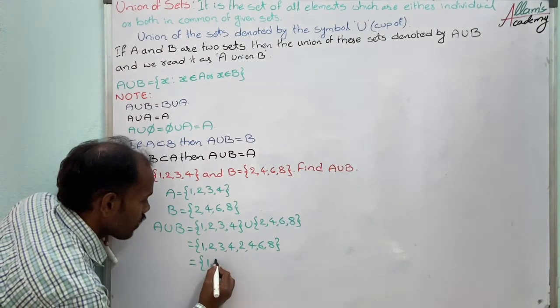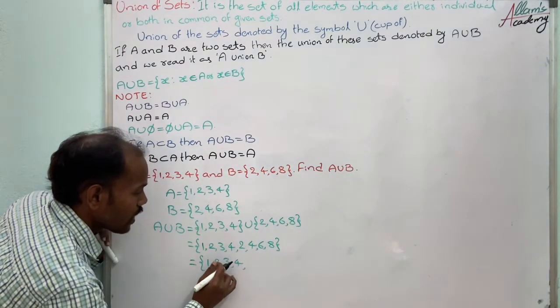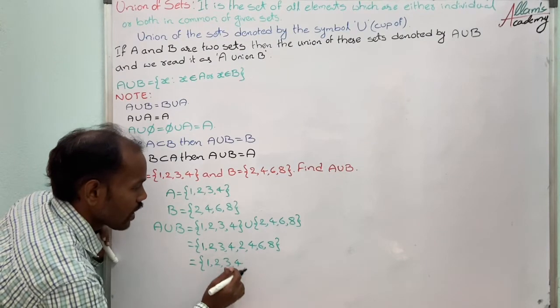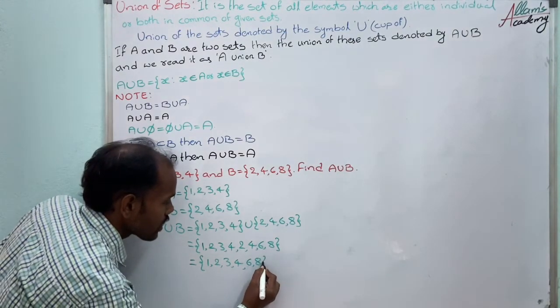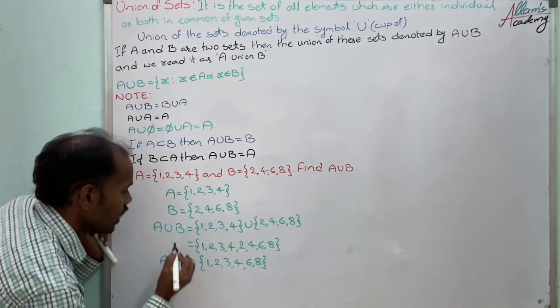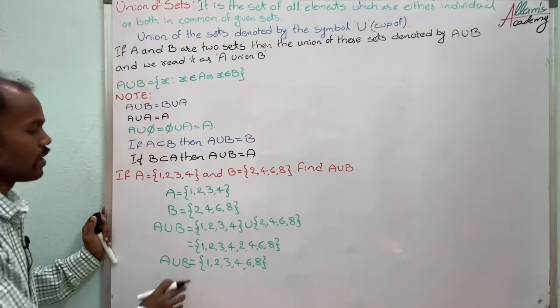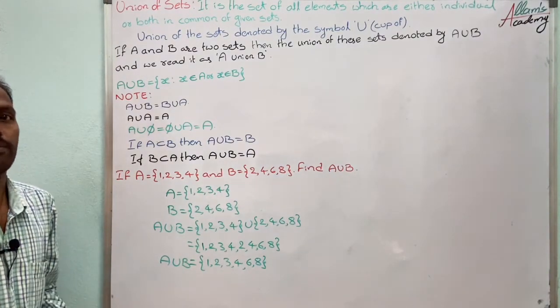So 1, 2, 3, 4, 2 is already repeated, 4 is also already repeated. So now the remaining elements 6, 8 are added. That is A union B: 1, 2, 3, 4, 6, 8. Now this will be shown in Venn diagram form.